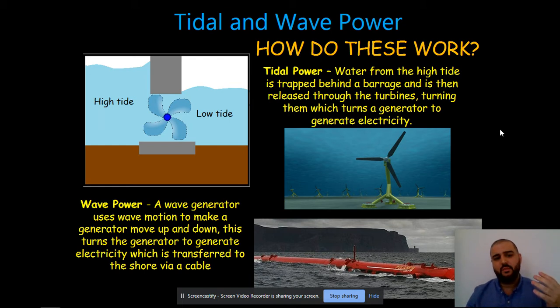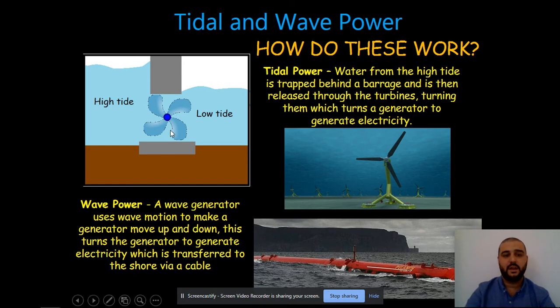Then you have wave power, and here wave generators actually sit on the surface of the water using buoyancy aids, and they basically rock forwards and backwards with the motion of the waves. And again, this rocking motion turns a generator, and the current that's then generated is actually sent down cables.